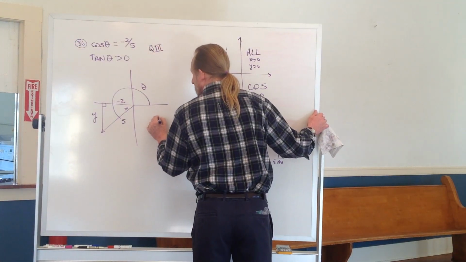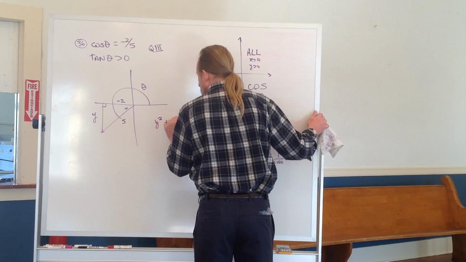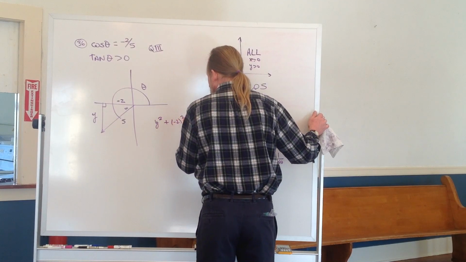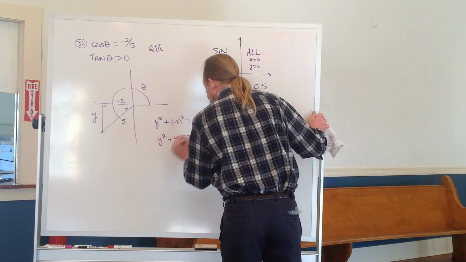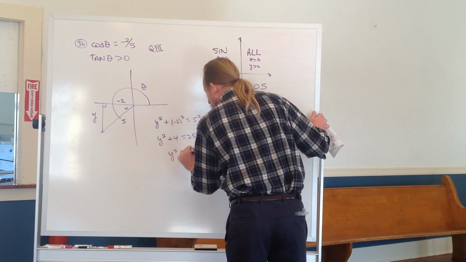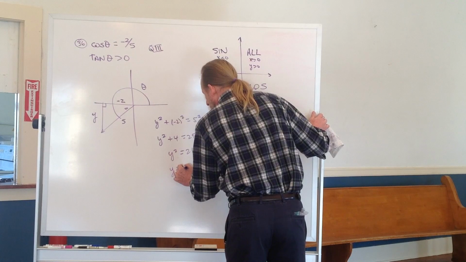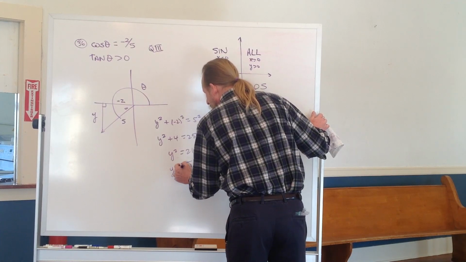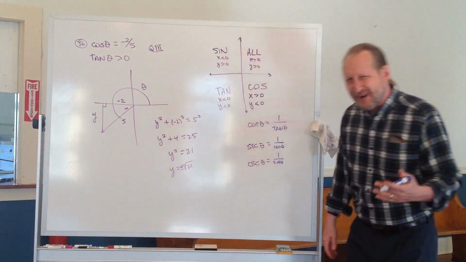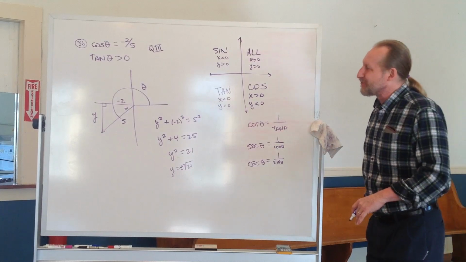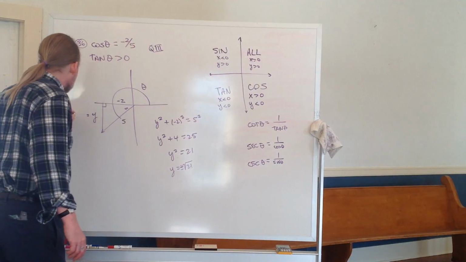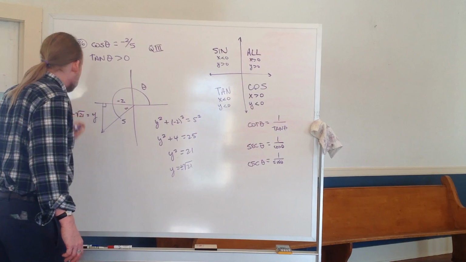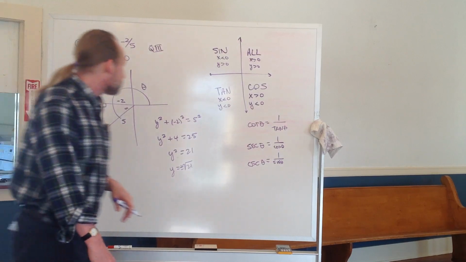So we'll say y squared plus -2 squared equals 5 squared. So y squared is 21, and y is the square root of 21. Here we can consider both the positive and negative square roots, because in this case, the y, as it turns out, should be a negative value, negative square root 21.